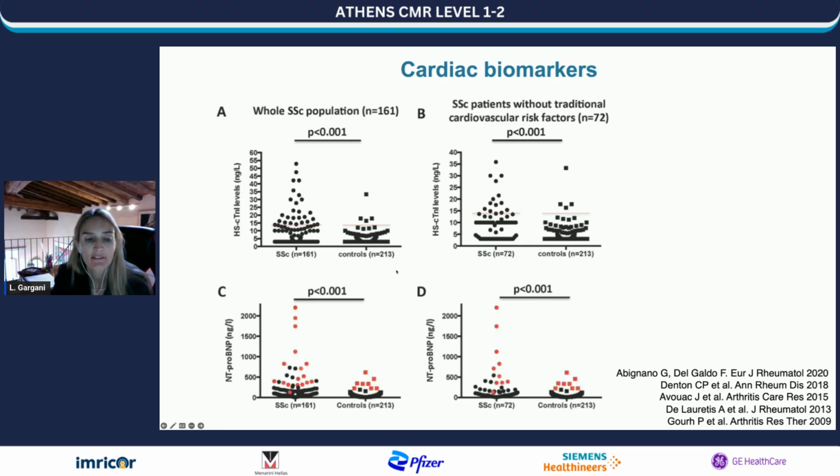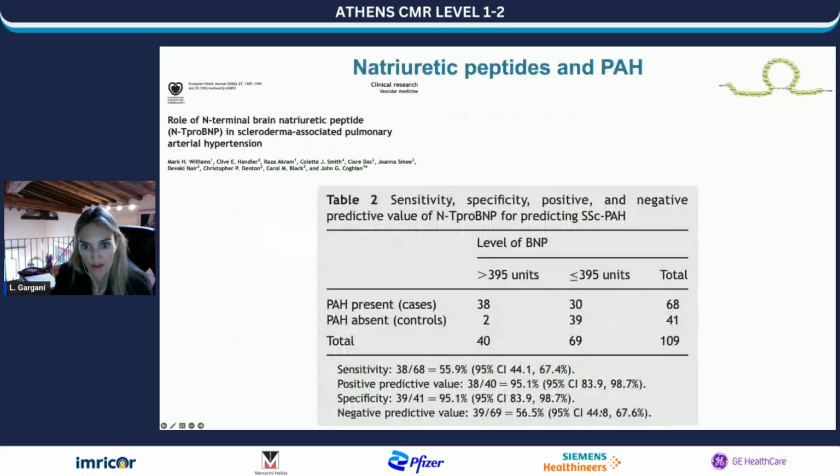So even if you have the disease and also without cardiovascular risk factors and without an already known cardiac involvement, you have higher levels of both troponin and NT-proBNP compared to normal controls.